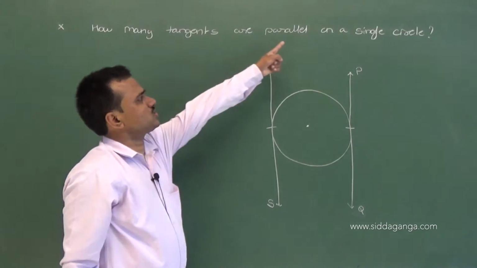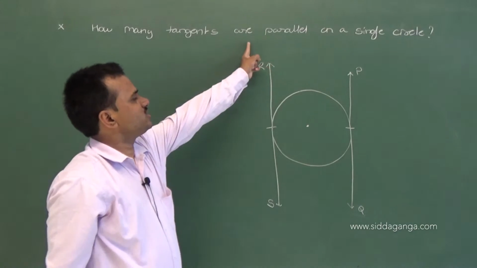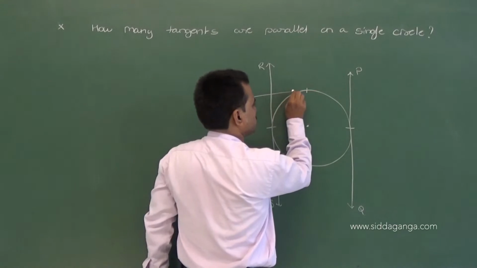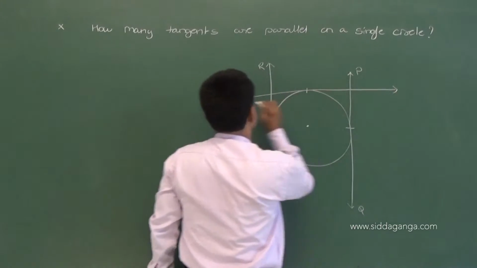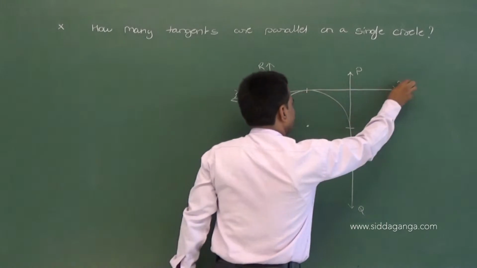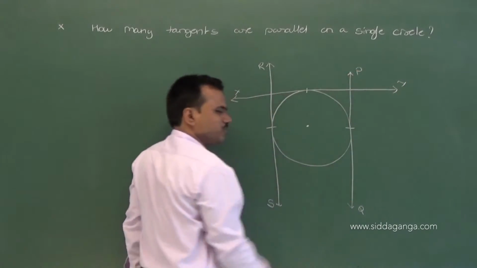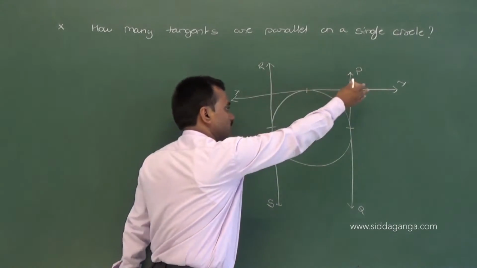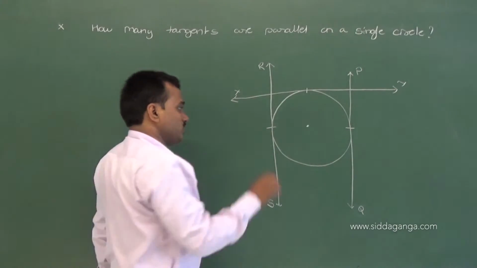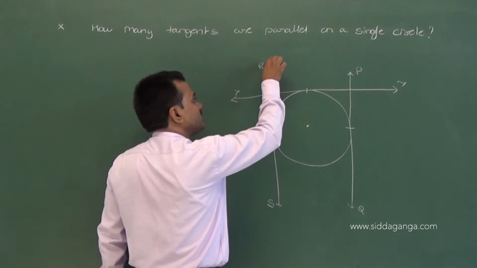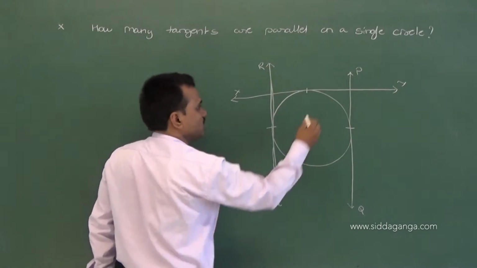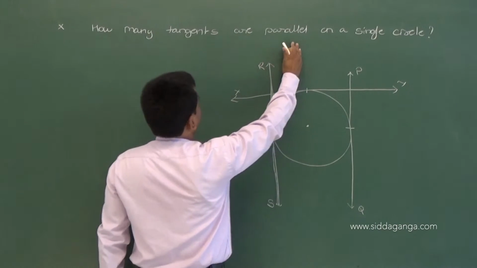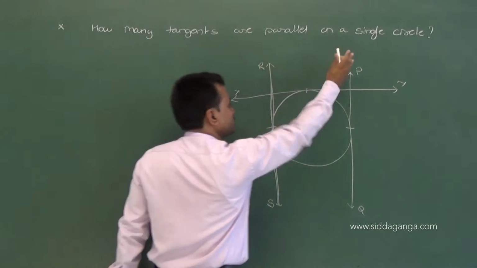How many tangents are drawn? If I draw one more tangent here, XY, is XY parallel to PQ or to RS? No, XY is not parallel to PQ. The only possible number is 2 tangents. How many tangents are parallel on a single circle?